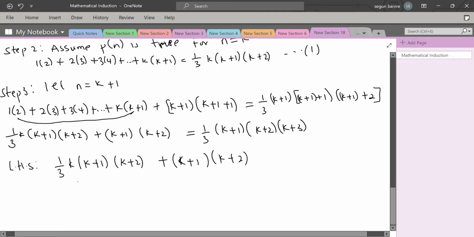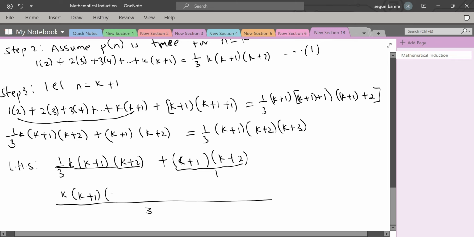The 3 is at the denominator here, multiplying this whole thing. The denominator of this is 1, so you can look for the LCM. The LCM of 3 and 1 is 3. 3 into 3, you get 1. So that is k into k plus 1, then k plus 2, plus 3 times this, that is 3 into k plus 1, then k plus 2.